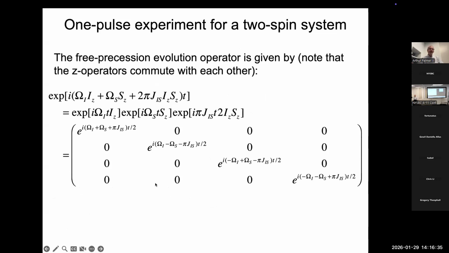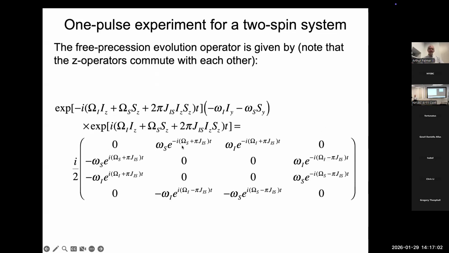Well then, if I evolve around the z-axis with the scalar coupling Hamiltonian and chemical shift Hamiltonian, again, I can build up that matrix. Here it is. So I have rotations of the sums and differences of the spins, and then the J couplings.